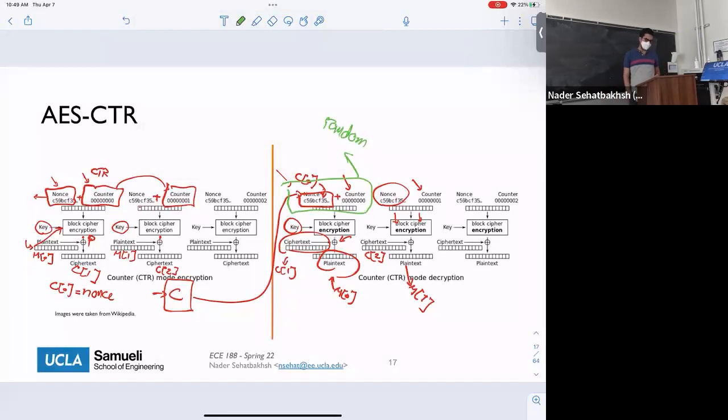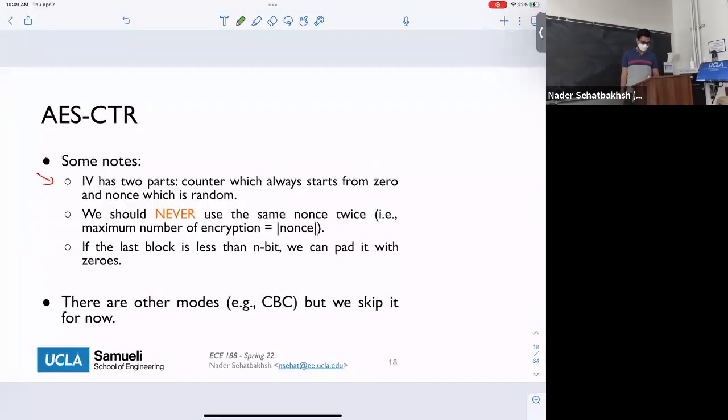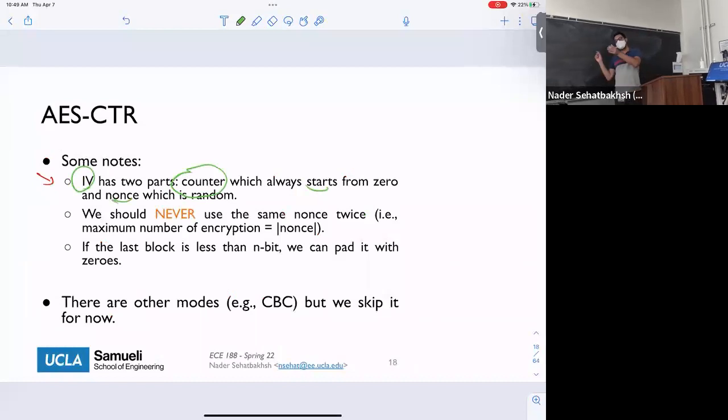What we usually do, which is much easier and reduces the amount of communication, is use this nonce and use the counter. So the initialization vector has two parts: the counter, which usually starts at 0, and the nonce part, which is random. So our inputs to our encryption mechanism have two parts: one part that is not random, and the other part that is random. And again, there is proof that this doesn't diminish the security or the randomness of the system.